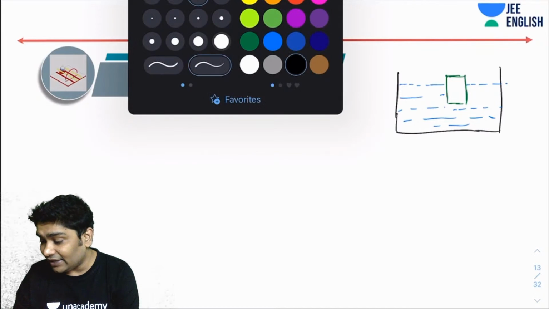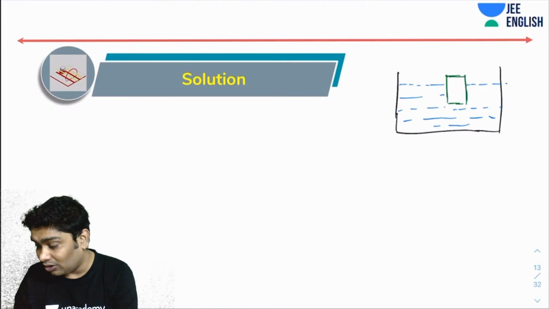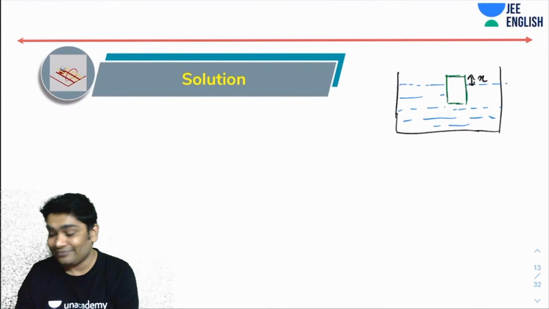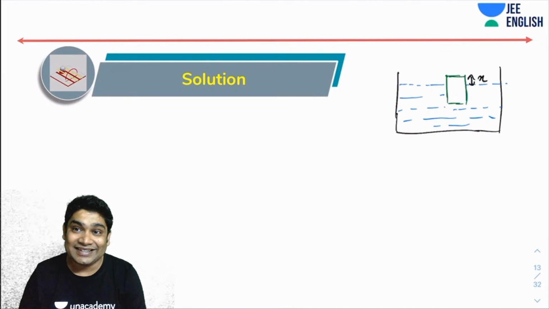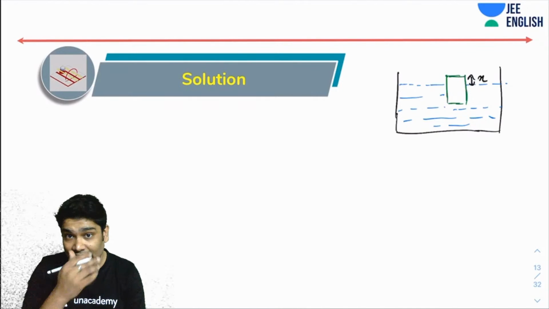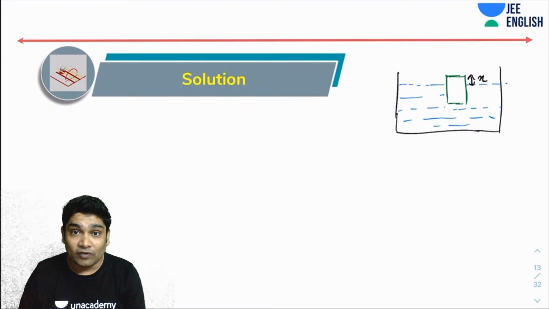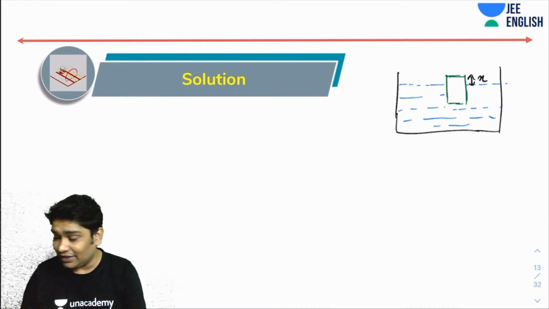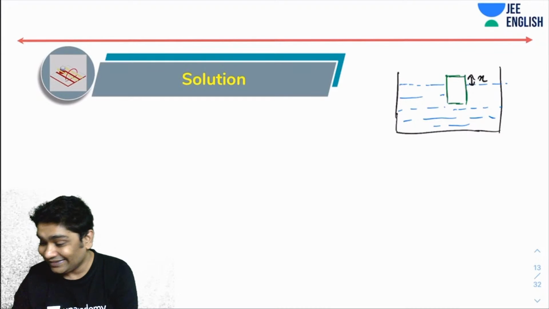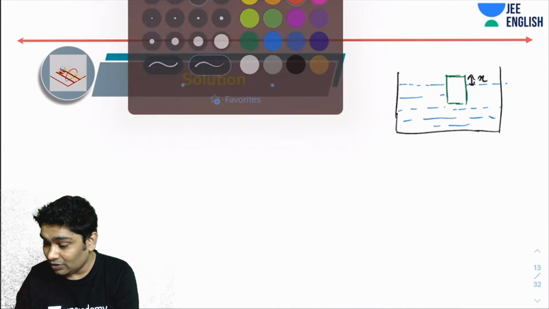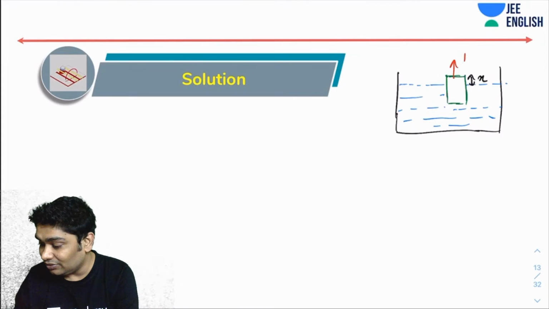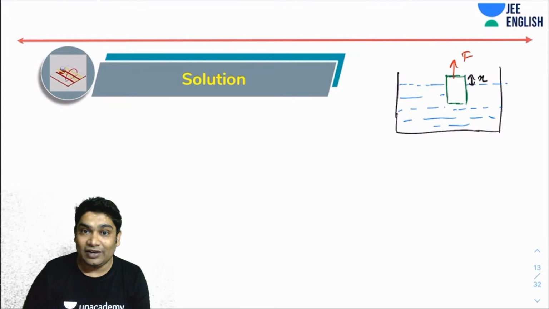If x part has come out, what will be the force F that is required to hold it in equilibrium?